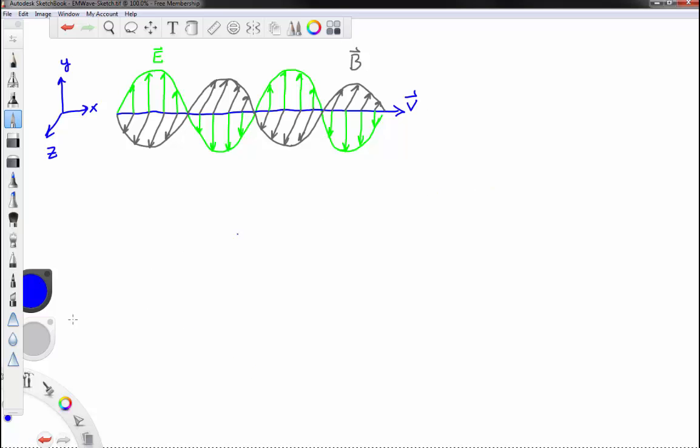So it's moving in this direction. And what we're going to do is use, first of all, Faraday's law, and then later we're going to use the Maxwell-Ampere law.